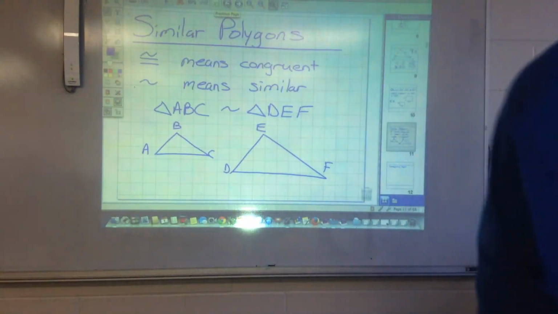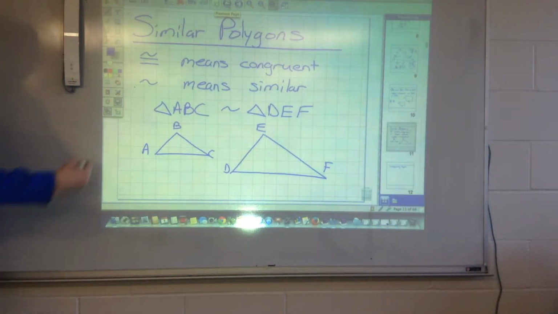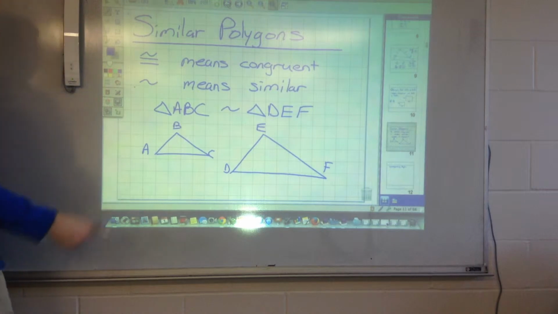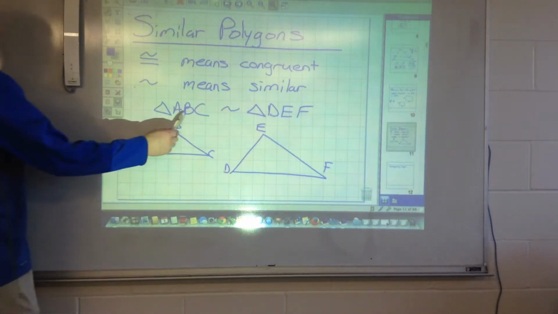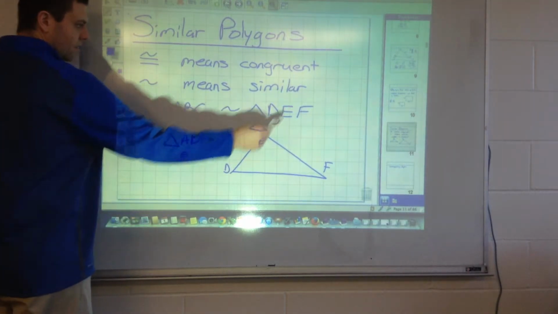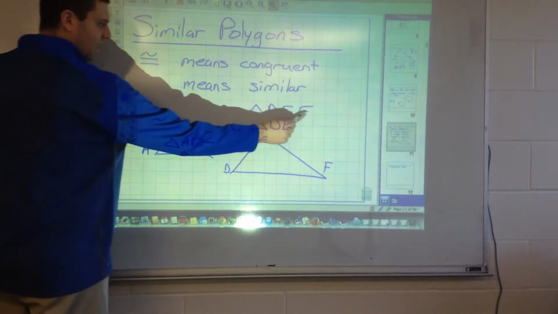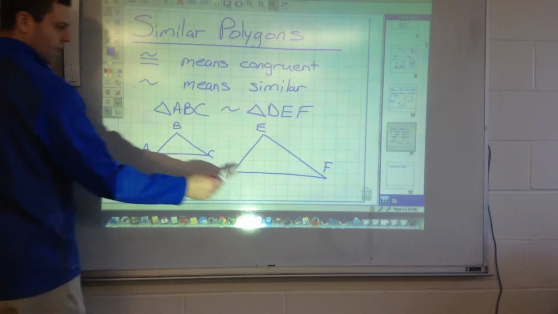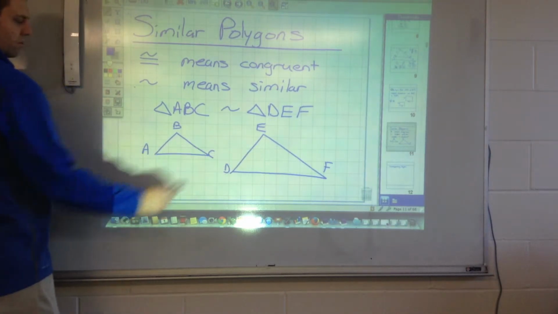Corresponding angles are congruent. So in other words, knowing that this is true, angle A has to be congruent to angle D, right? Angle B has to be congruent to angle E, and angle C has to be congruent to angle F. Okay? Really, you don't even need the pictures to make those statements.